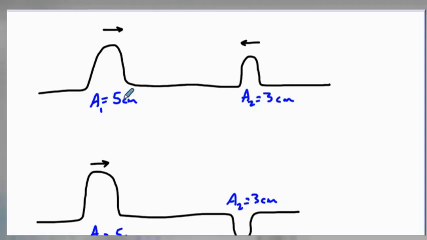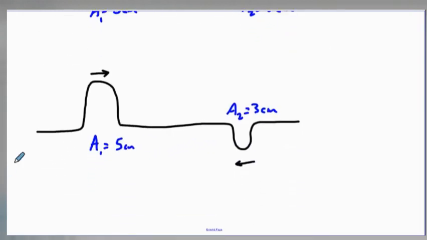Here we have two scenarios. We have two waves moving towards each other. In the top scenario, they're both on the top side of a wave, or on top of the wing of a string. And in the second scenario, one is above and one is below as they approach each other.